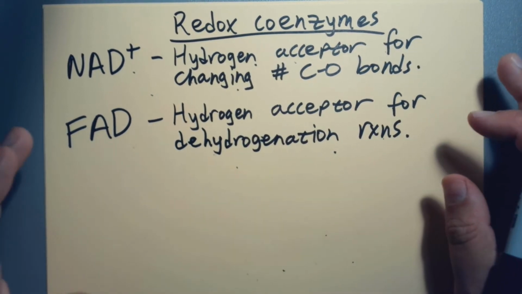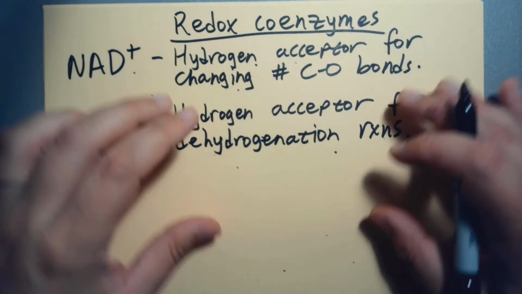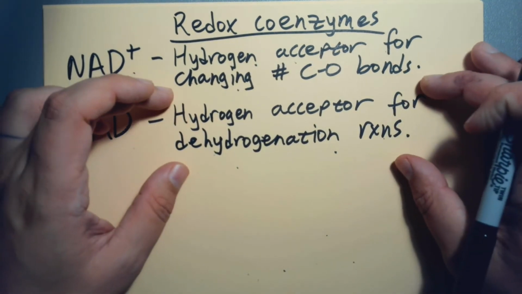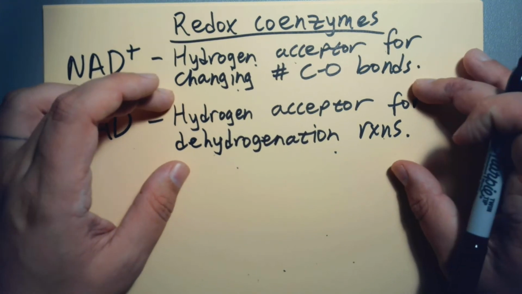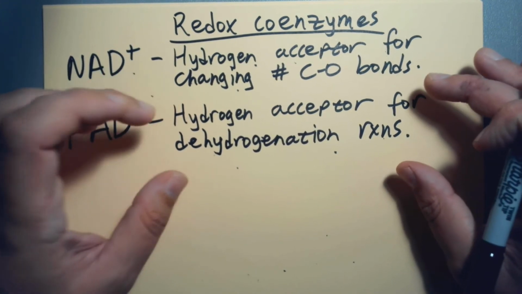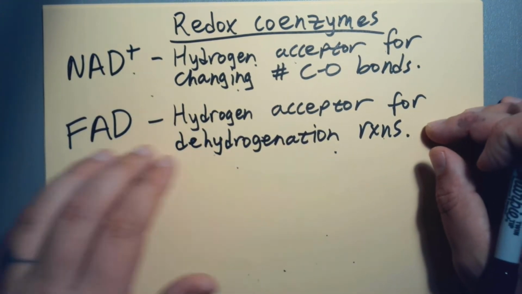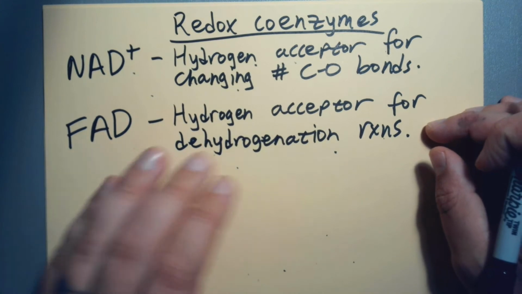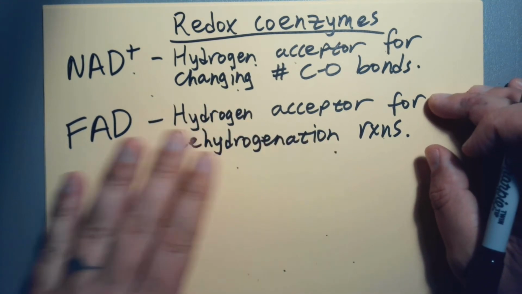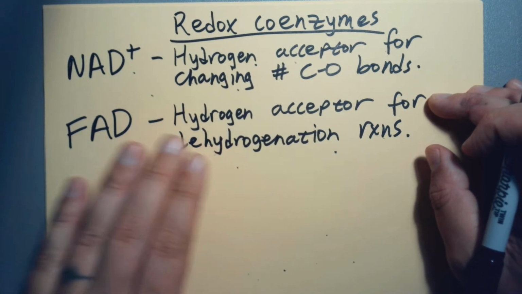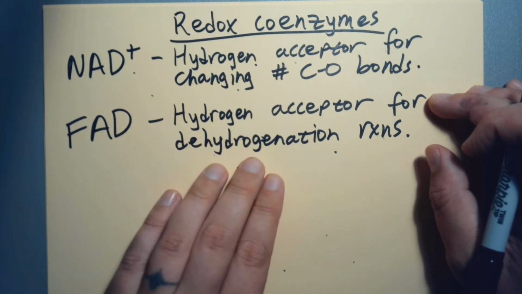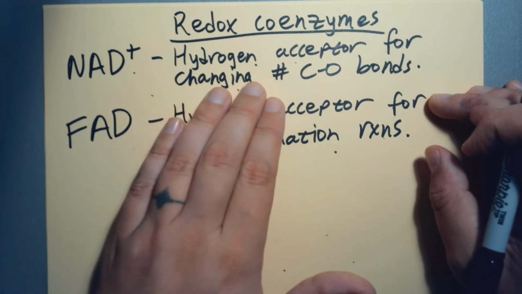Now, the one thing I'm going to say is I'm using exact language here. If you see a dehydrogenation reaction, this is the coenzyme. Nature is a little finicky. It's not 100% true. More often than not, FAD is going to pair with this type of reaction. NAD plus is going to pair with this type of reaction.